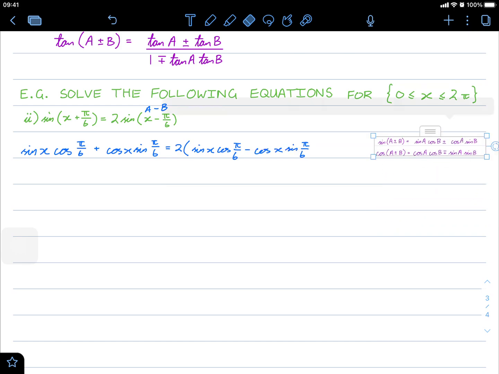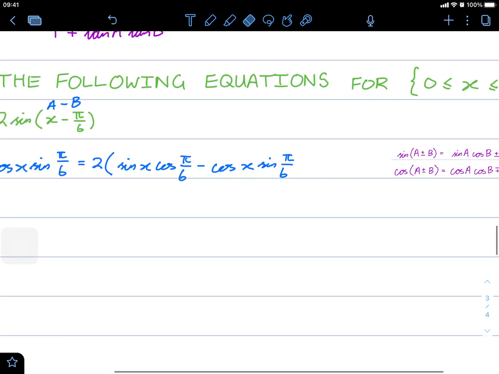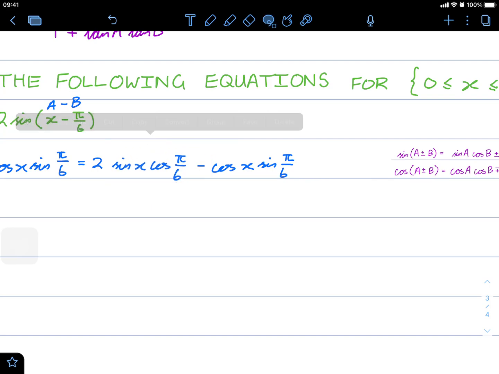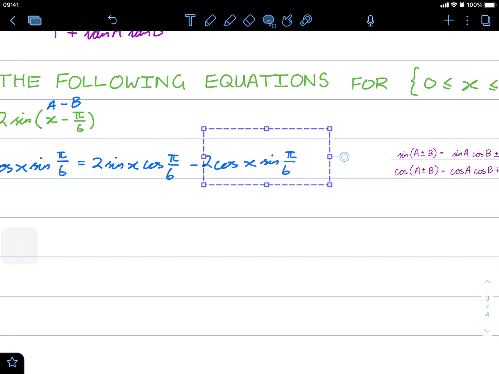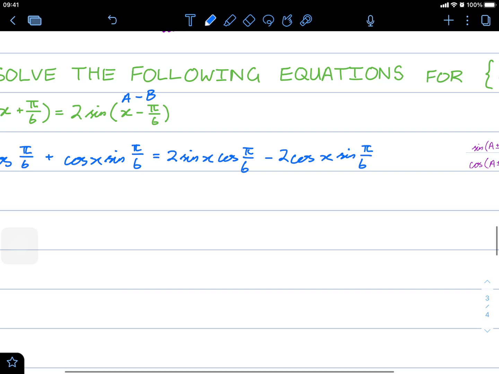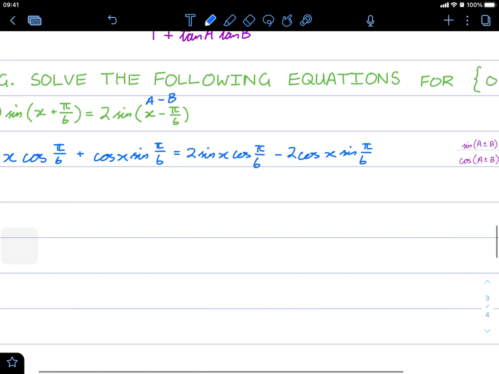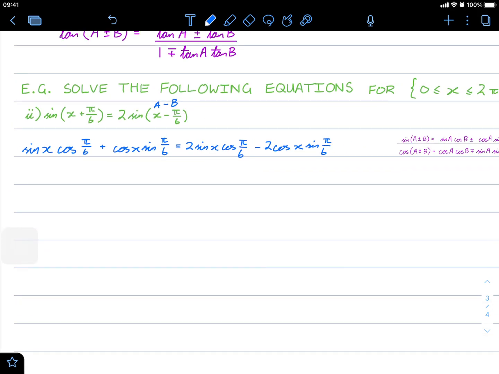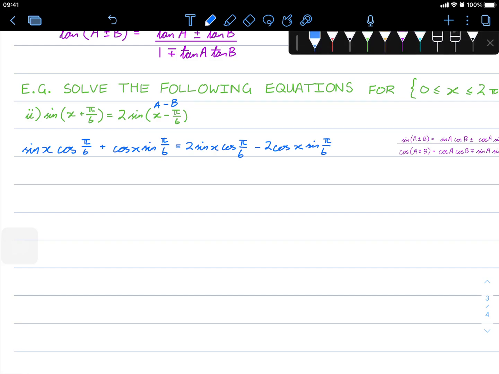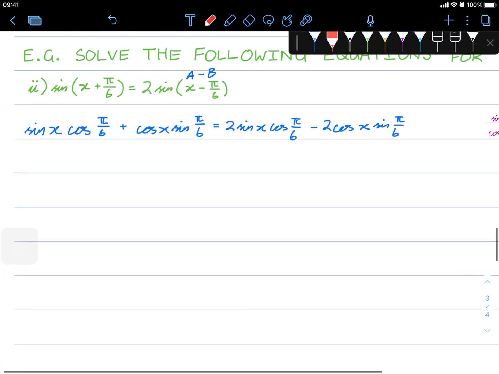So let's move this out of the way. And just to make this a little bit easier for us, let's expand this by just multiplying by that 2. So 2 times, and there we go. So there's the identity expanded. From here, we're now going to need to use some exact trig ratio identities again.